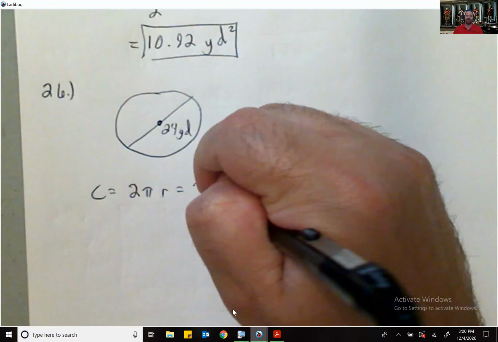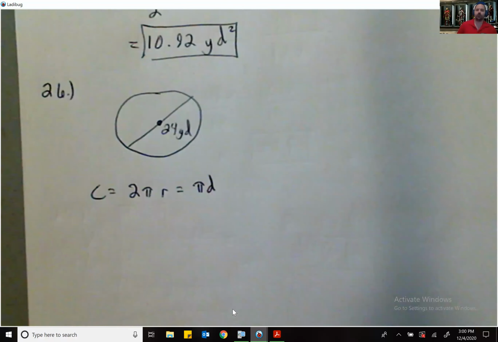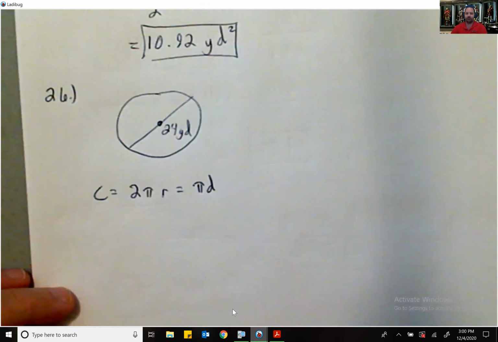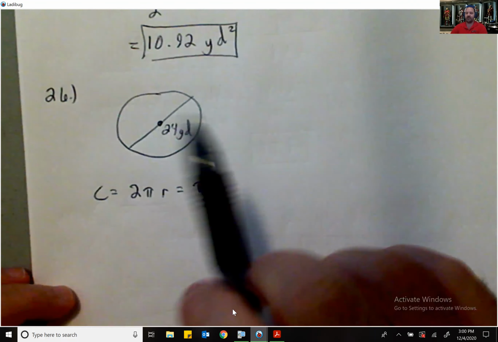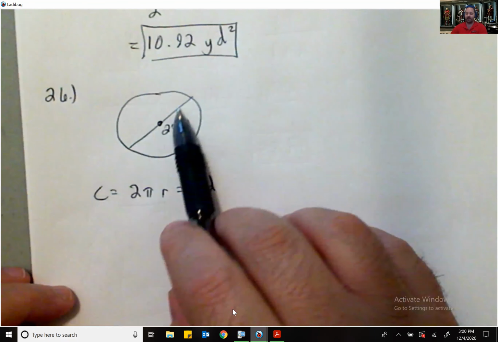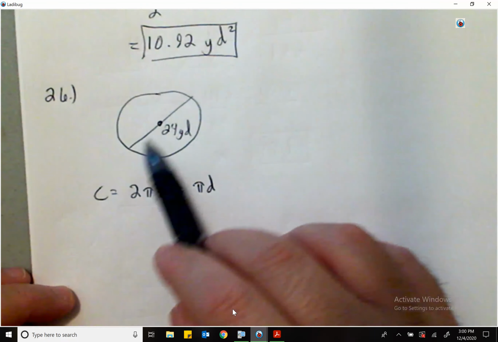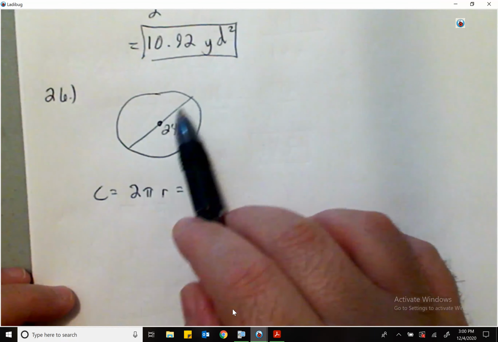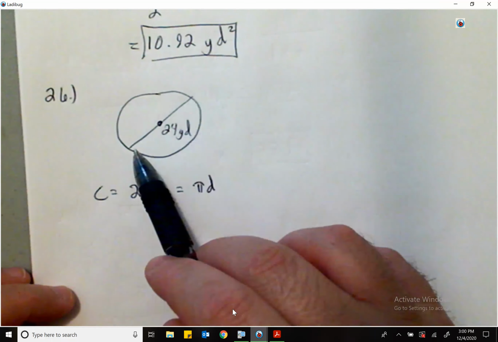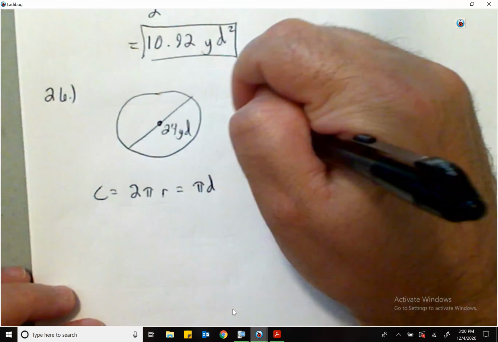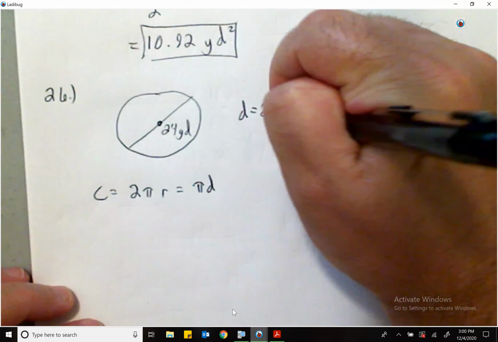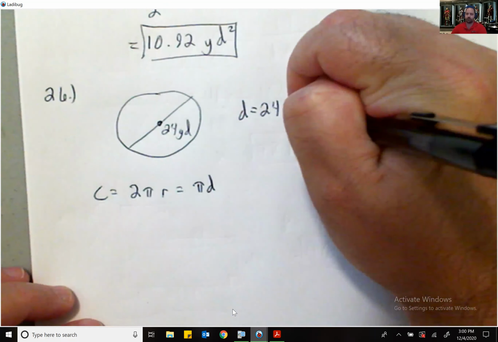You got it. Pi d. So the question is, is this a diameter or does this represent a radius? Diameter, you got it. So they are telling us the diameter is 24 yards.